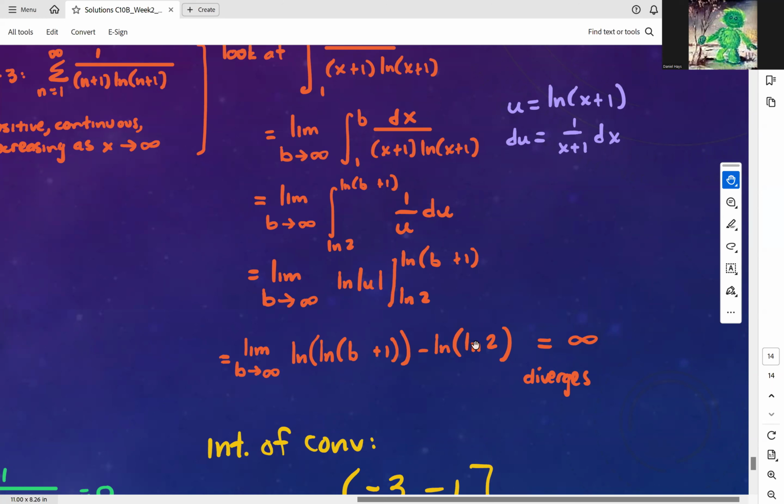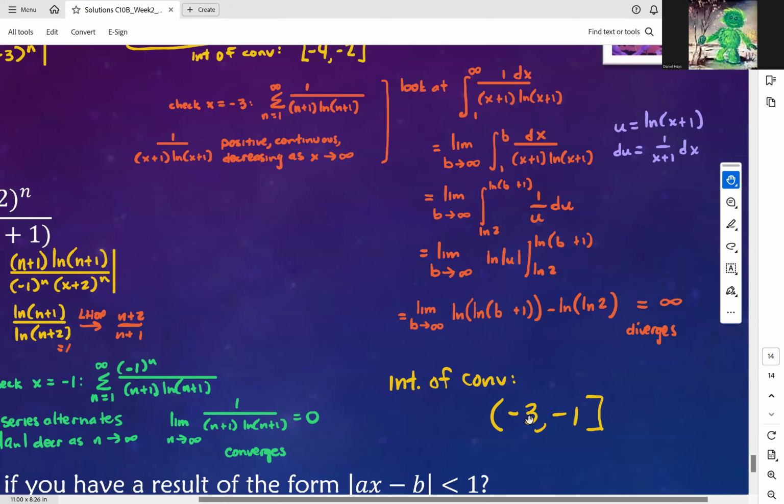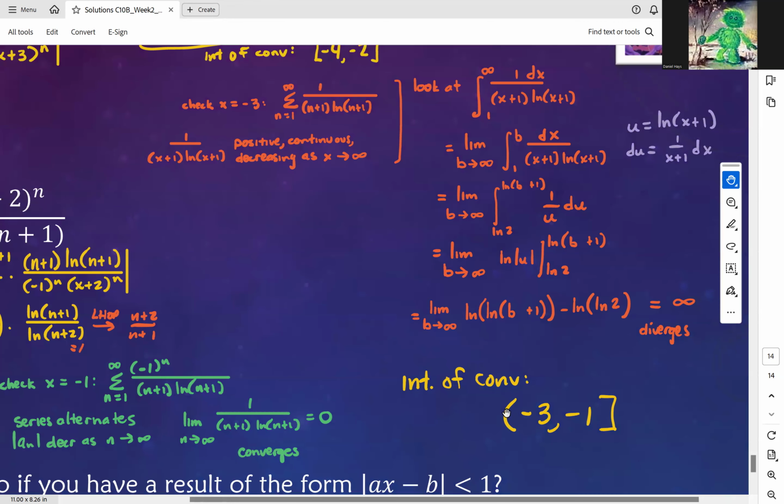The second term being a constant, I don't really care too much about it. So my result is infinity. So integral is divergent. Our series is also divergent. And all of that work just to say we don't want to include -3 in our interval. And there you have it.